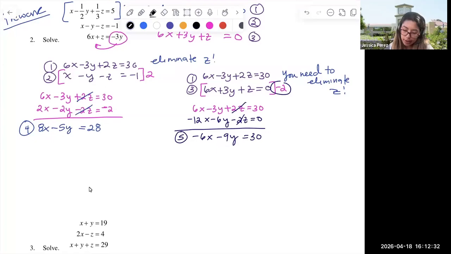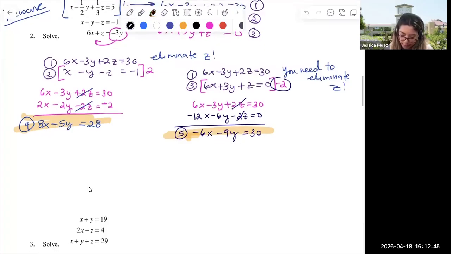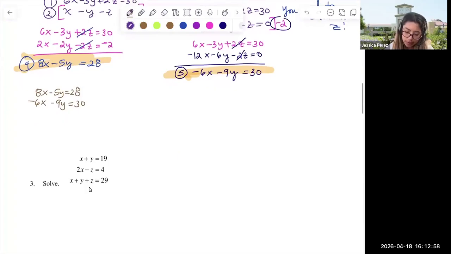So see how I now have equations 4 and 5 that I need to combine. If I combine equations 4 and 5, I get 8x minus 5y equal 28, and negative 6x minus 9y equal 30. Now, what do I want to cancel? I want to cancel my x.